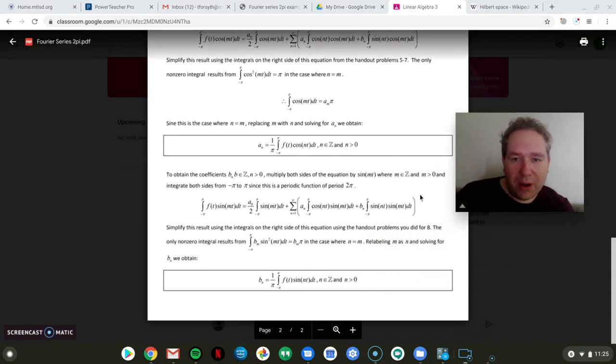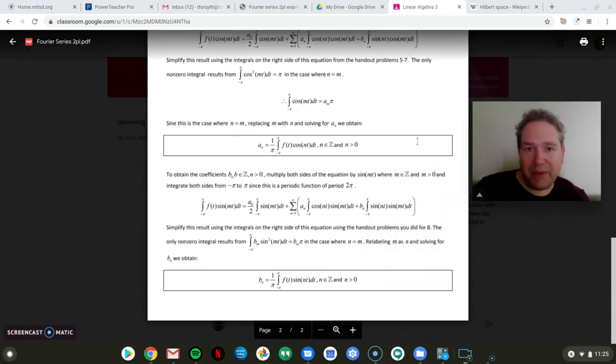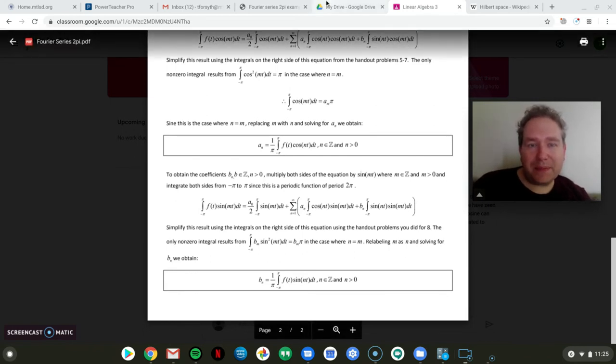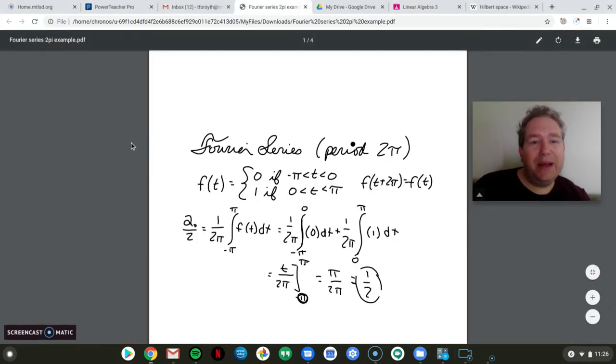Those all come directly, I just realized I'm blocking half the page with my face, from the integral sheets that you had been working on Friday through the weekend, Monday, whenever. And so you can use those formulas if you understand the integral. That's why I said it's important to understand the integrals to see where those come from. But then you can just use them once you understand the formulas. They're very simple to look at.